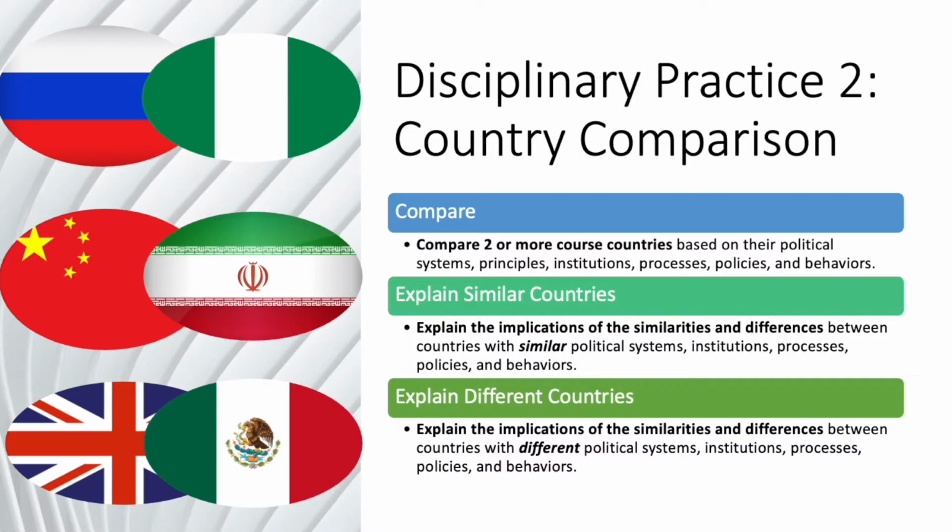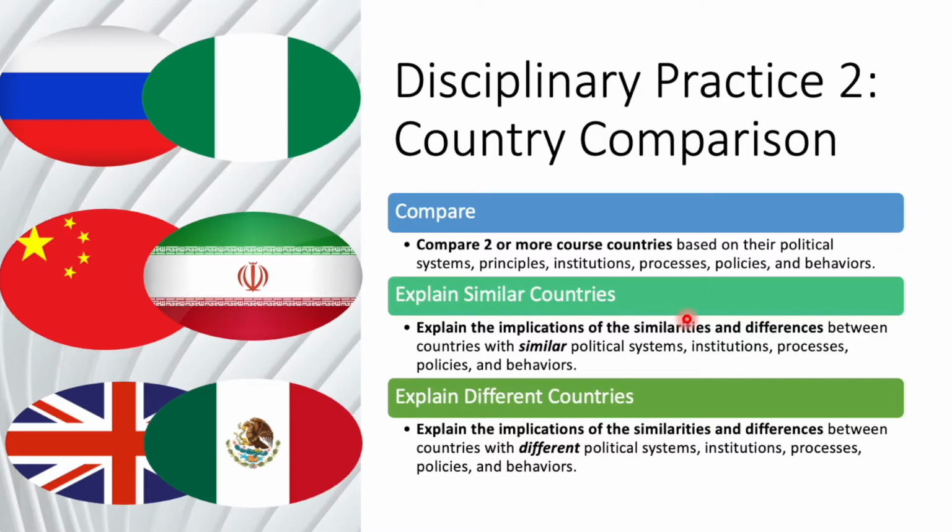Now, for those of you taking AP Comparative Government, you are going to need to practice the disciplinary skill of country comparison. This means you will be asked to compare two or more course countries based on political systems, principles, institutions, processes, policies, behaviors, anything from our units.